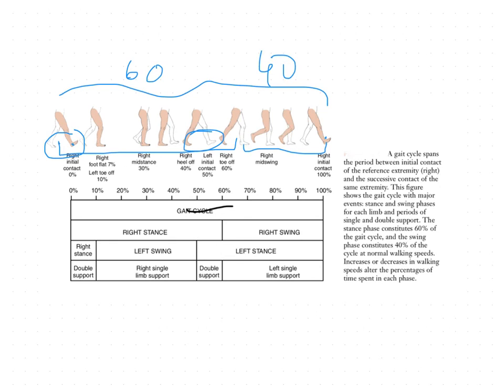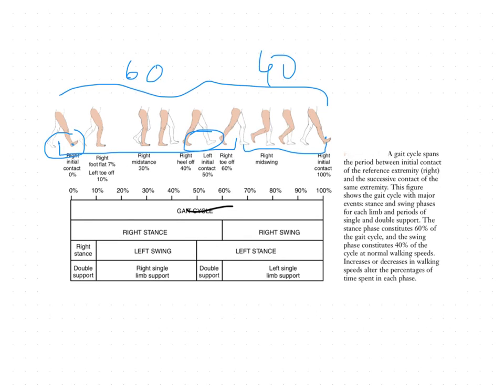Only observe the right side, don't go for the left side, because while one gait cycle is going on for the right side, another gait cycle is going on for the left limb. So just see this reference extremity only.